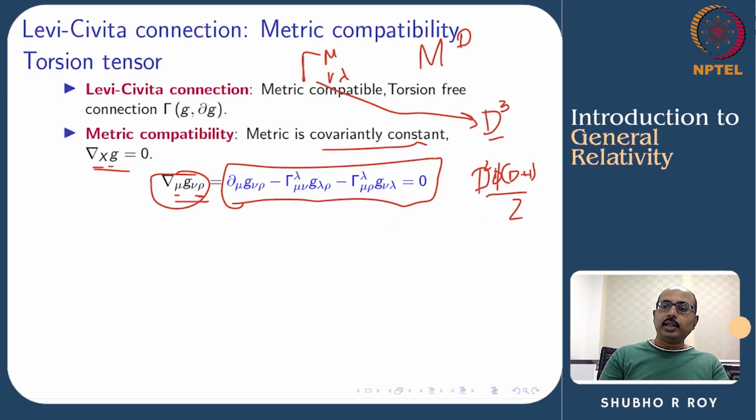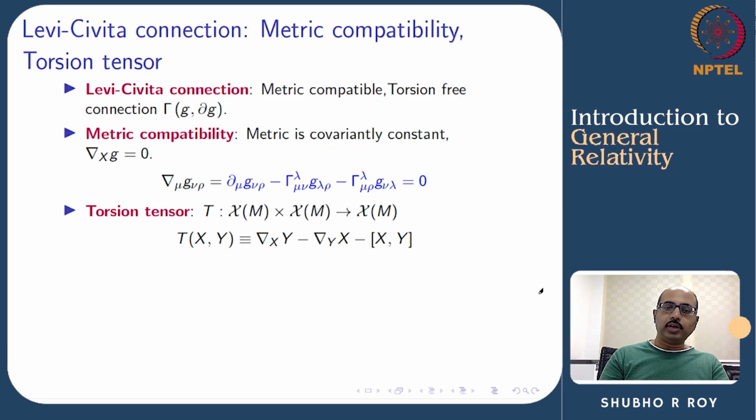Okay, and there will be a similar constraint which comes from the torsion-free condition. So let me define what a torsion is. The torsion is actually a tensor, denoted by T, and as you know very well, tensors are multilinear maps. This T is a multilinear map which takes 2 vector fields and spits out a third vector field. Let me give you the map explicitly.